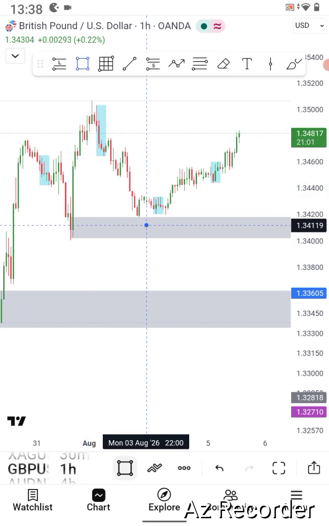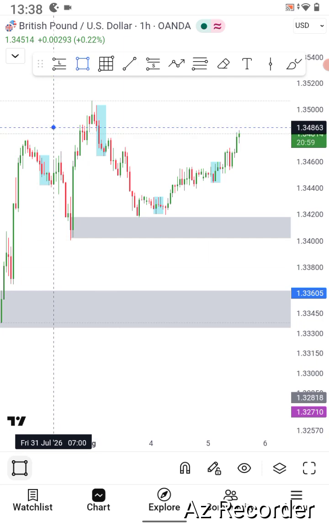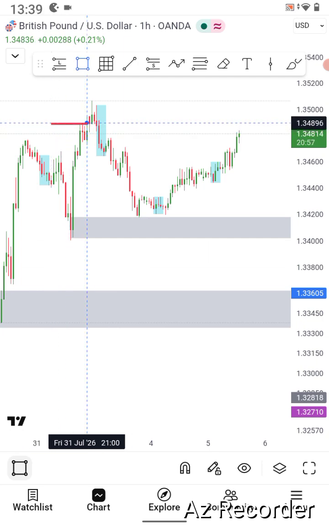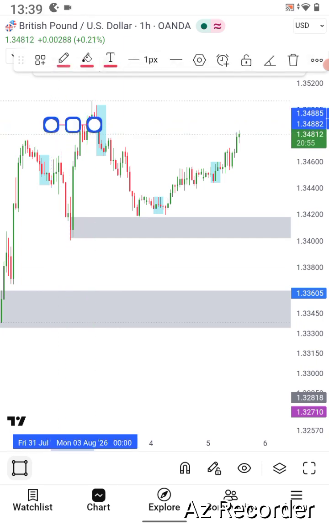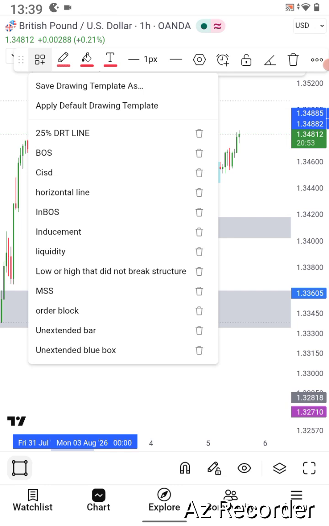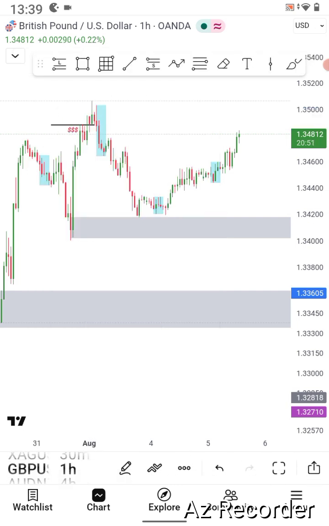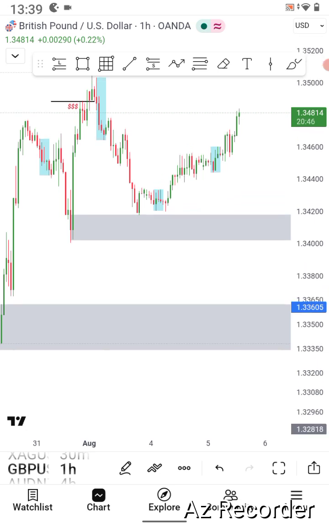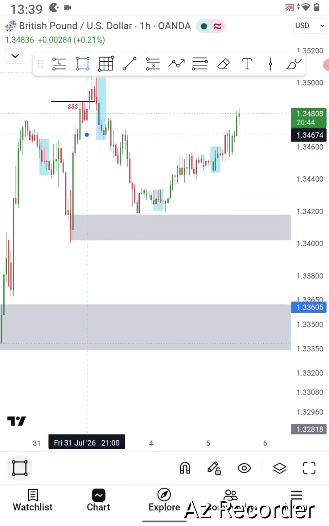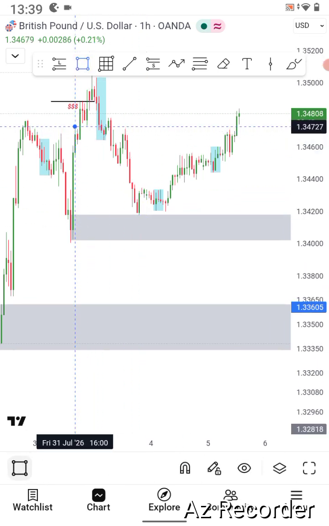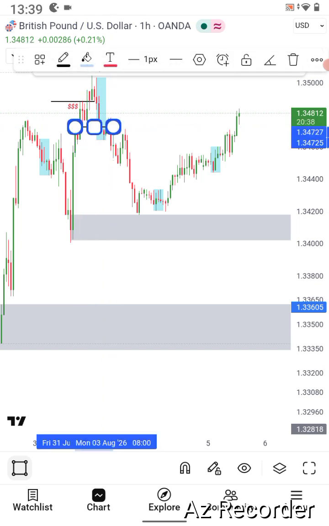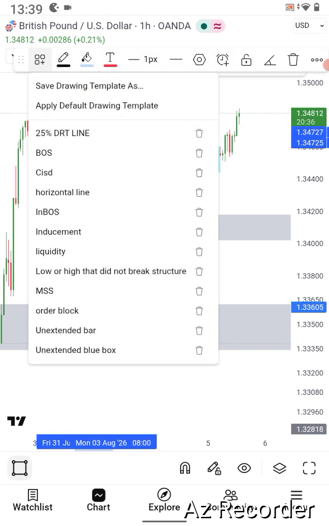So let me mark the external liquidity sweep here. This is the external liquidity sweep. Okay. Then we have our break of structure. That's our break of structure.